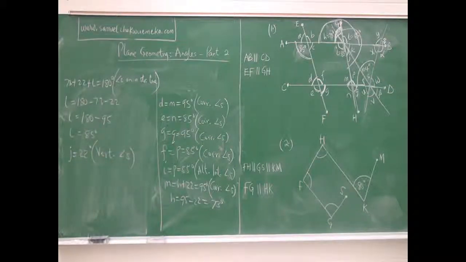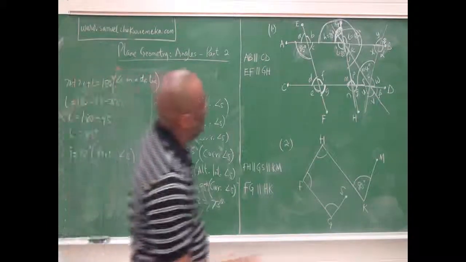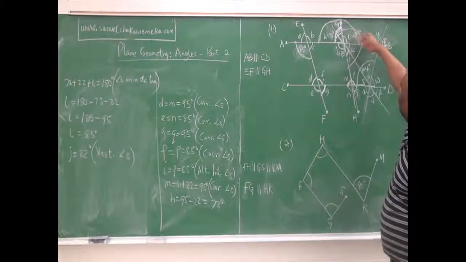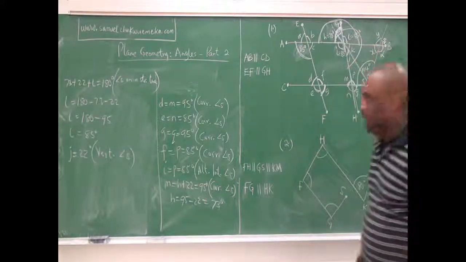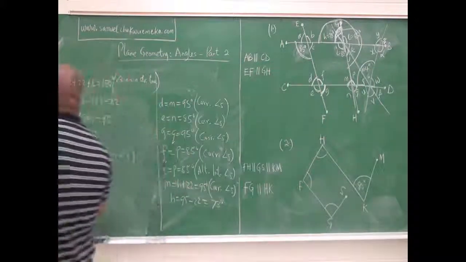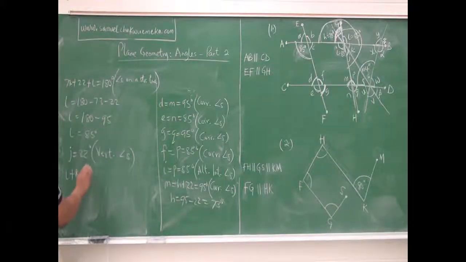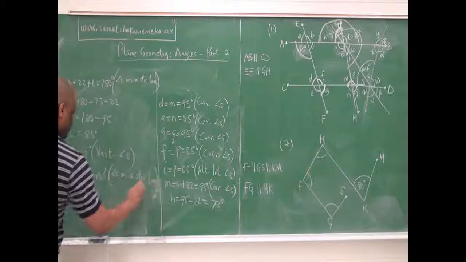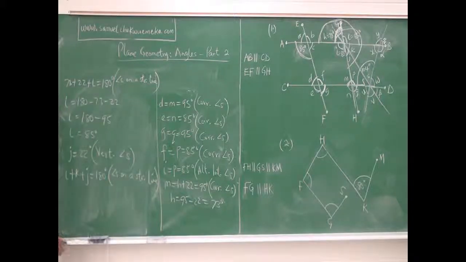Okay. So now L plus K plus J is on the same straight line, and the straight line is GH. So L plus K plus J is 180 degrees. Reason, angles on a straight line. So this means that 85, L is 85, plus K plus 22 is 180 degrees.